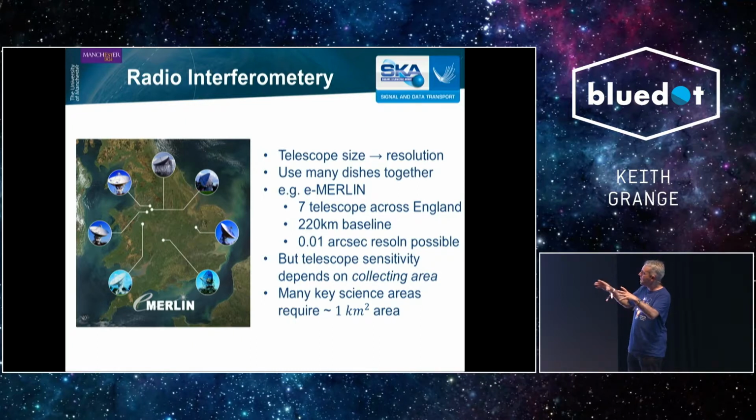And by doing that, you can actually make a telescope whose angular resolution is as good as the distance between the most distant of those telescopes. So, for example, the e-MERLIN telescope has an angular resolution as good as a 220-kilometer sized telescope, which, of course, would be really rather difficult to build on its own.